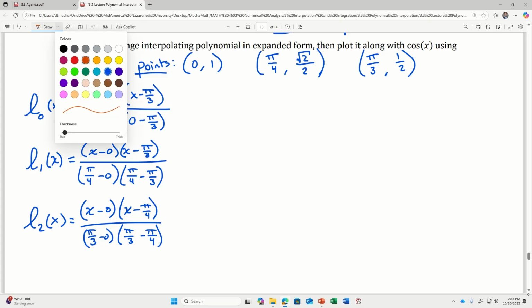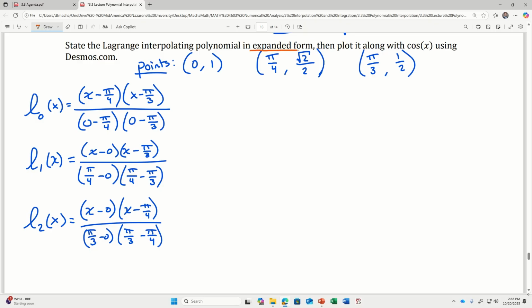And since this question is asking me to give the expanded form, that's kind of bad news. That means I've got to work a little bit harder. That means I've got to write something like x squared, and pi over 4 plus pi over 3 is like having 7 pi over 12.